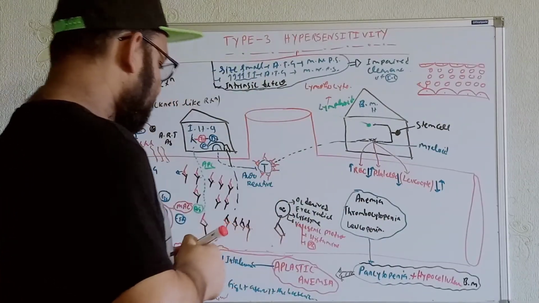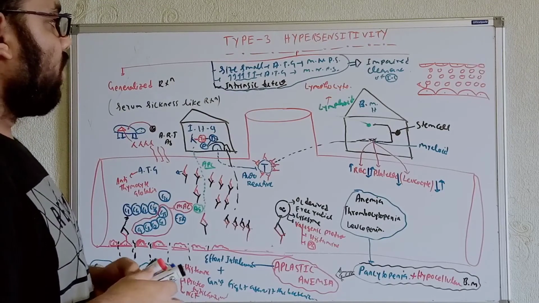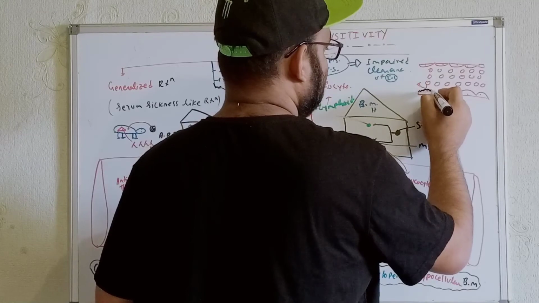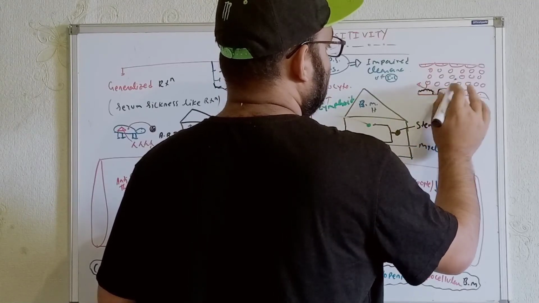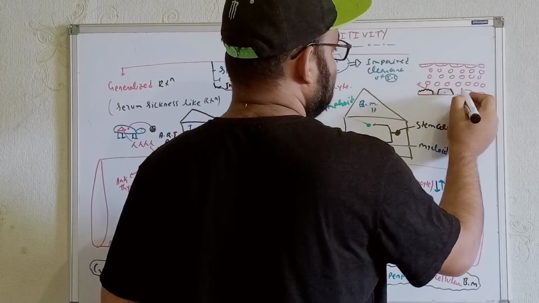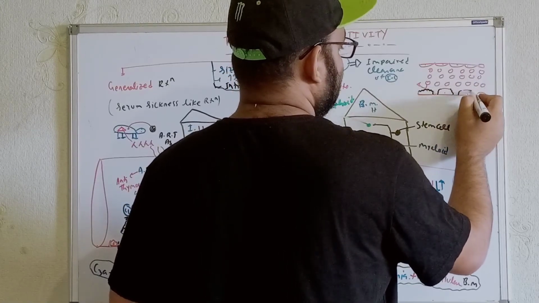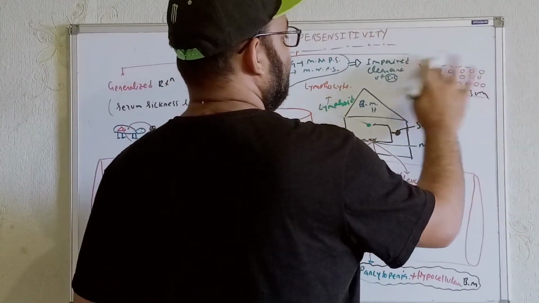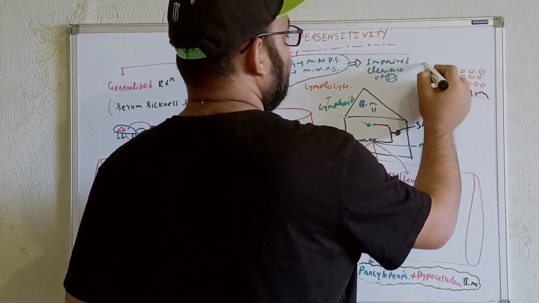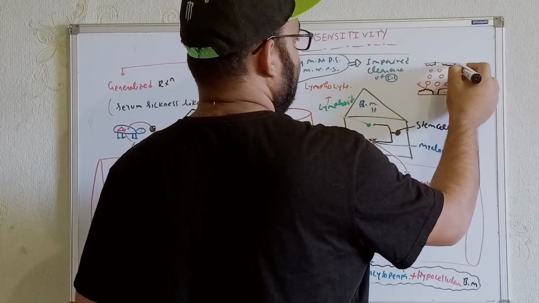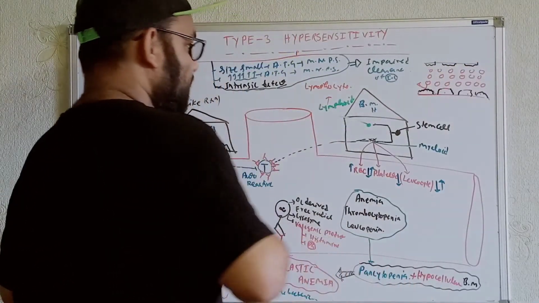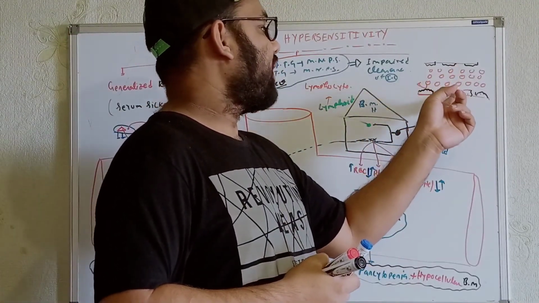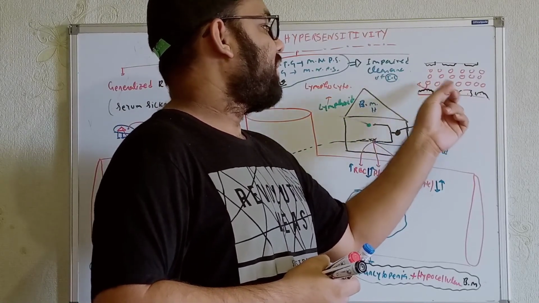But whenever the endothelial cells are getting damaged, for example, we will get shrinkage of these cells. Then the endothelial cells lose their property of inhibiting the sticking of platelets to them.